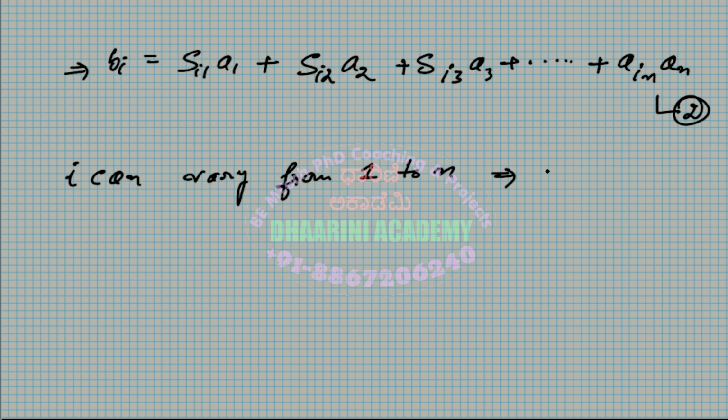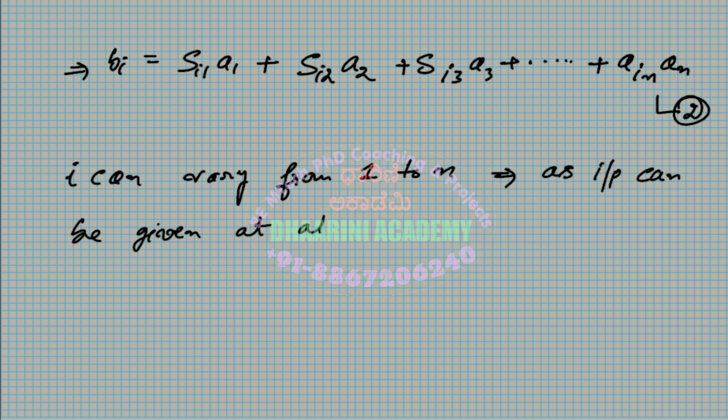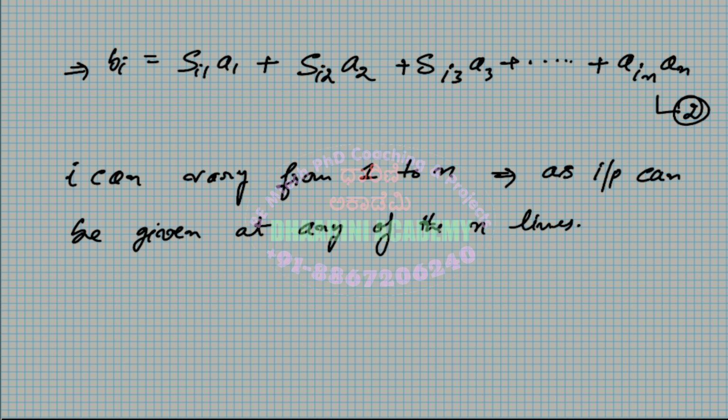The input can be given at any of the n lines. So if at all you give it at 1, this is the condition.